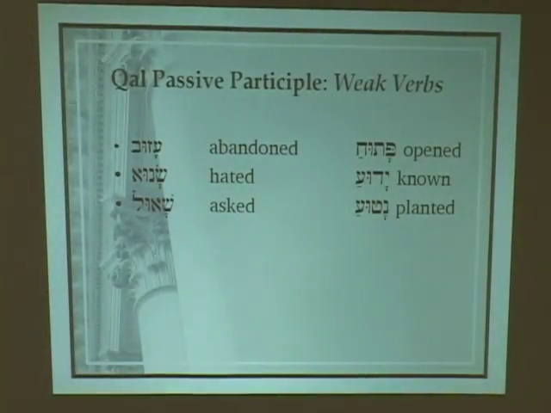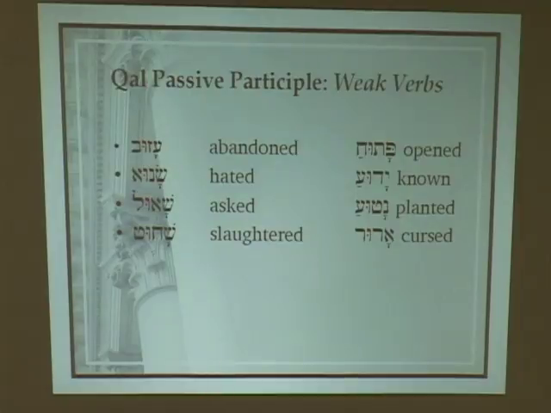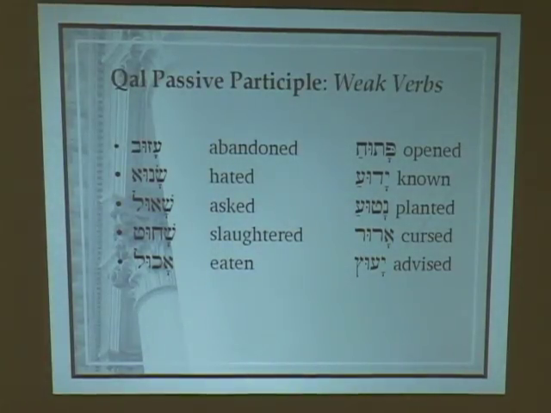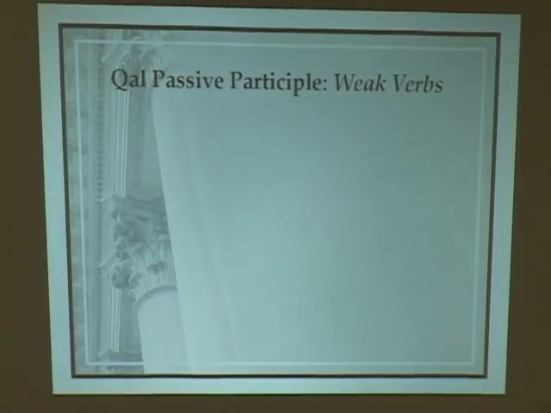Natua, planted, from Nata. Shachut, slaughtered, from Shachat. Arur, cursed, from Arar. Akul, eaten. Ya'utz, advised. These are some examples of passive participles.